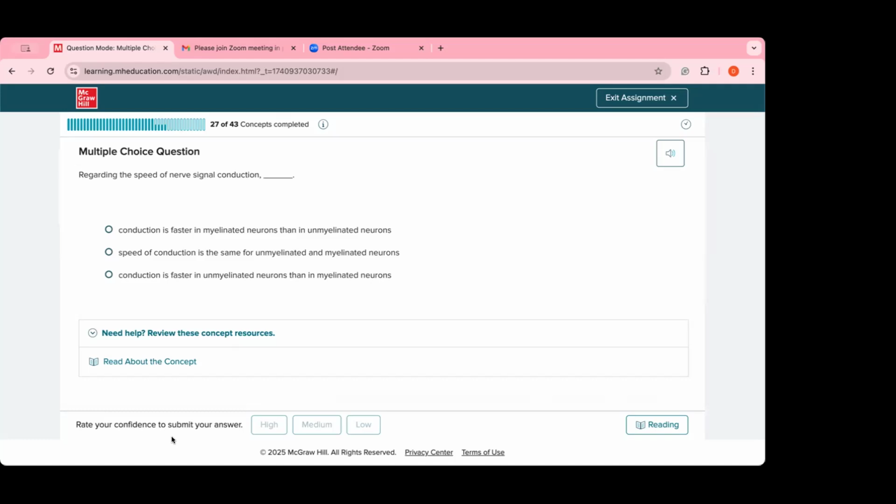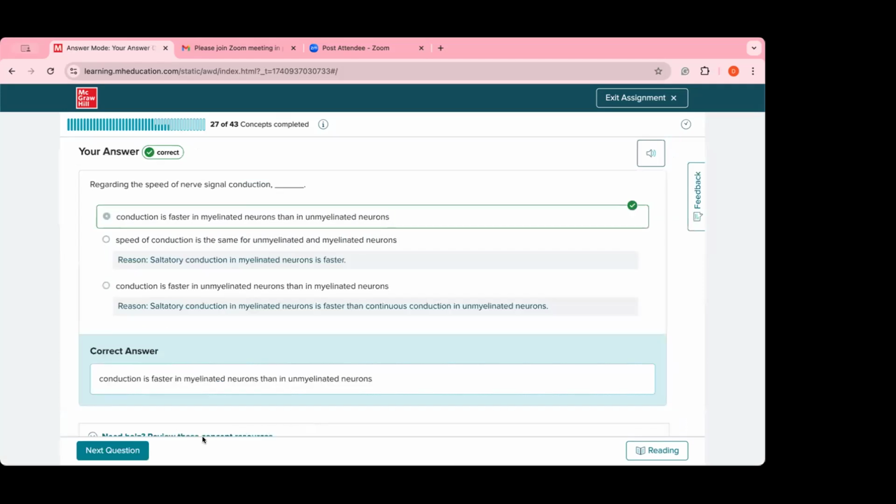I think, yeah, so myelinated neurons do travel much faster. That's the purpose of myelination. That's one of them. So the first one, conduction is faster in myelinated neurons than in an unmyelinated neuron. Okay, cool.